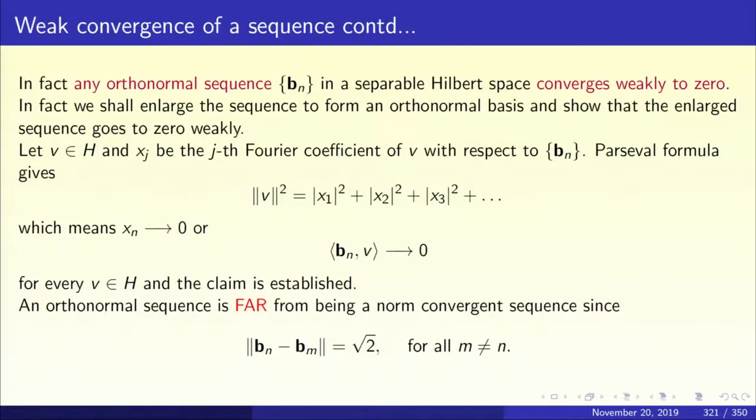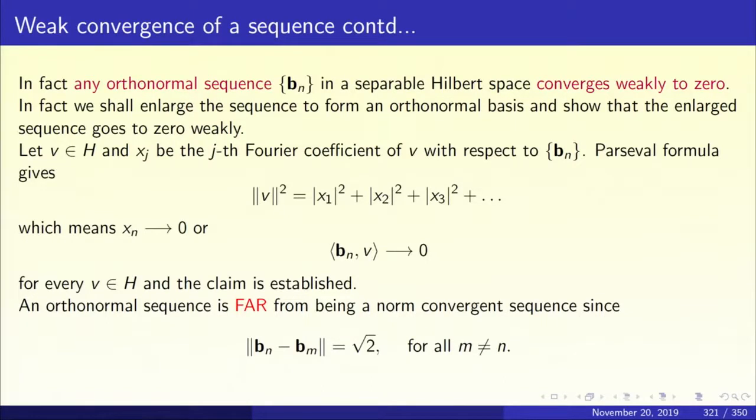More generally, let us take any orthonormal sequence Bn in a separable Hilbert space. Take a separable Hilbert space such as L2 of minus pi to pi, and we are taking an orthonormal sequence. So you could take these sequences sin nx or cos nx and normalize them. Now we can always complete it to an orthonormal basis.